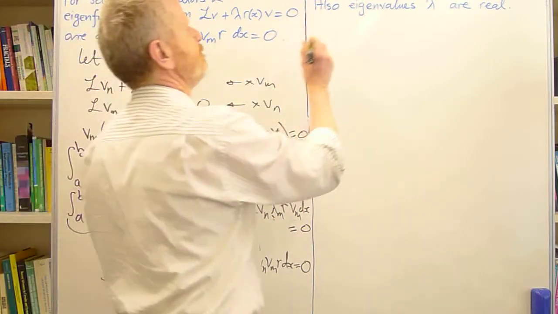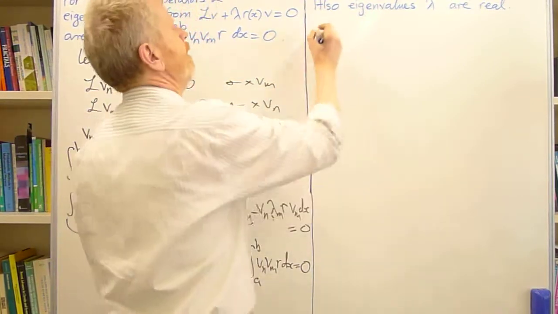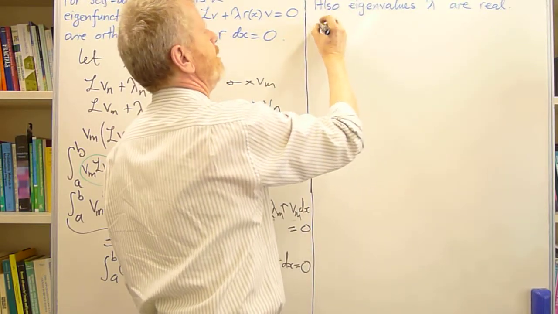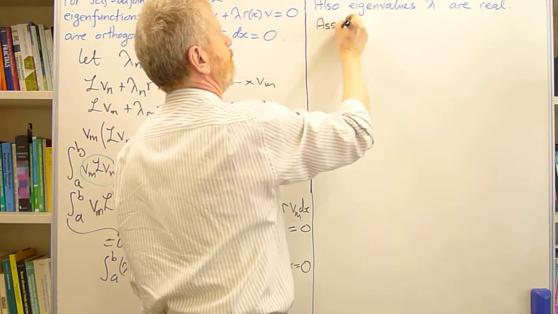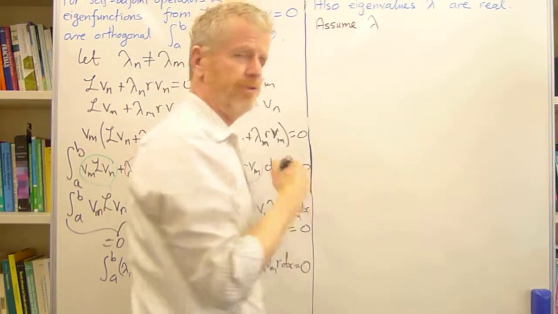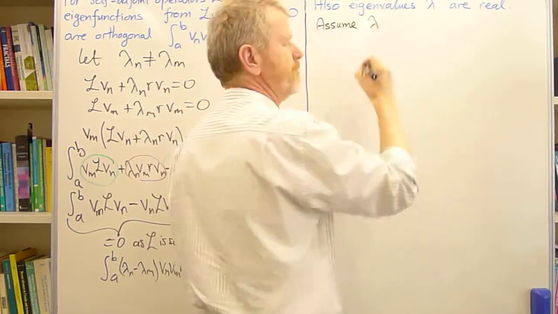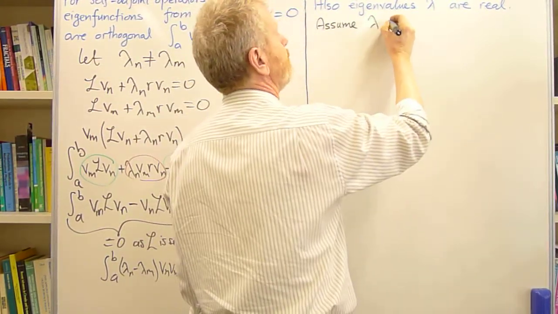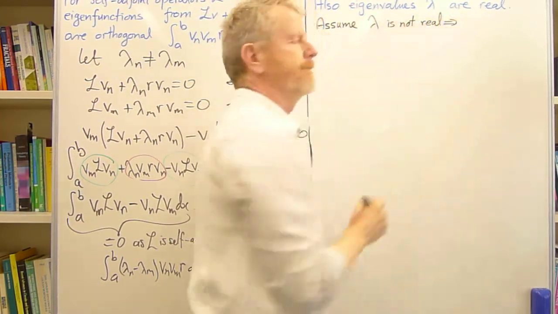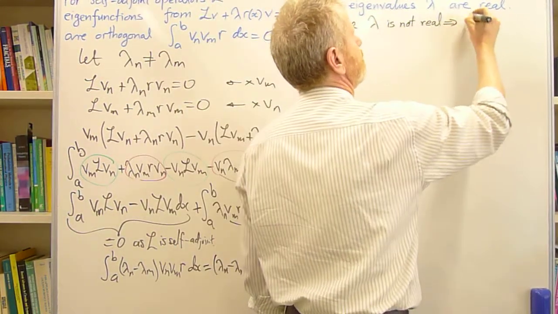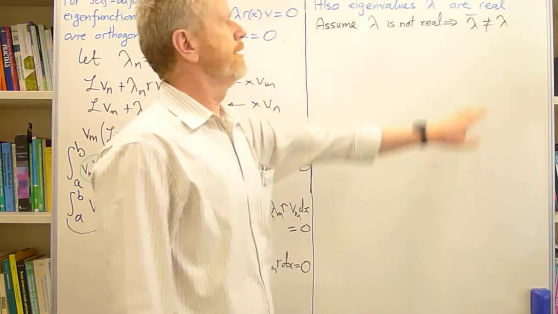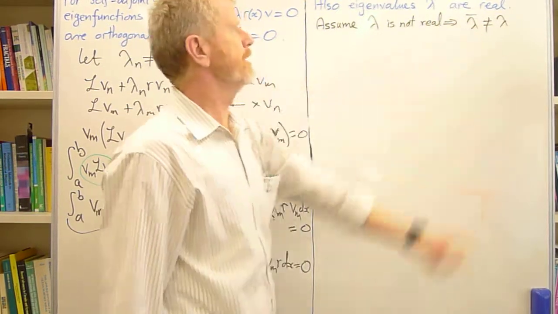Okay, we prove this with contradiction. So, let's contradict by saying assume there exists an eigenvalue that is not real. In other words, it's got an imaginary component. Right. So, for example, it means its complex conjugate lambda bar is not equal to lambda, where we're going to use bars for complex conjugation.